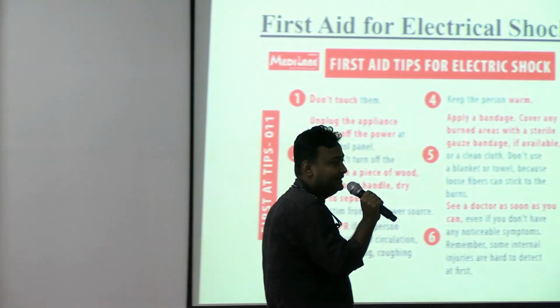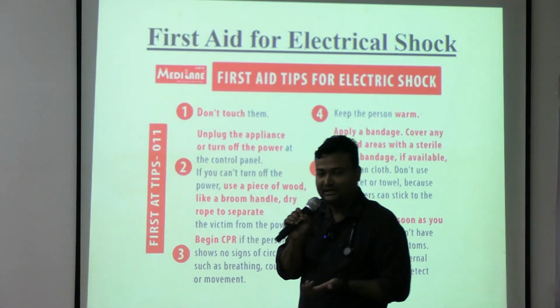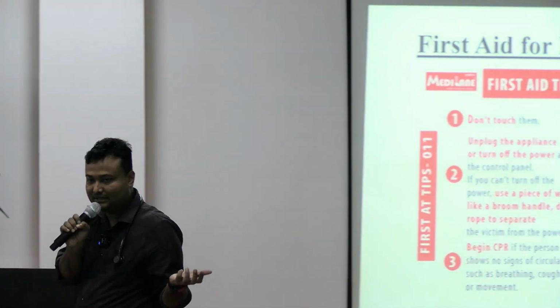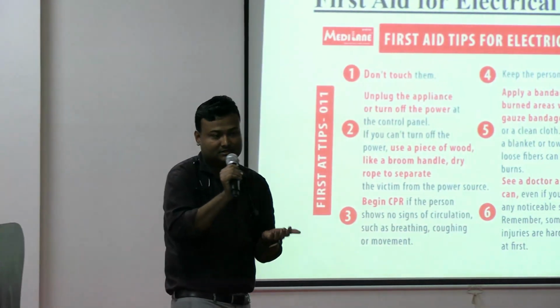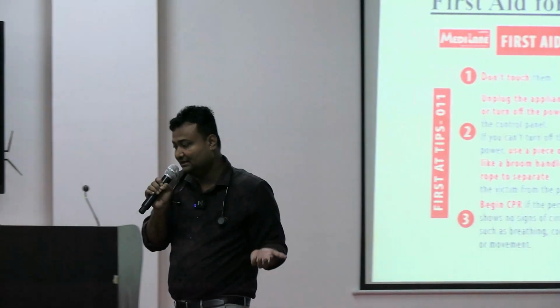Okay. Then the next thing is you should not remove any clothing. You may cover the patient with a blanket or anything to prevent hypothermia. Okay. Then there may be a burn injury also after electrical injury. Then you have to treat it as a burn injury also.